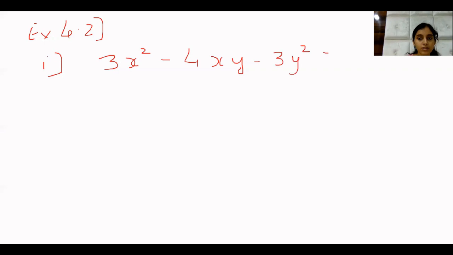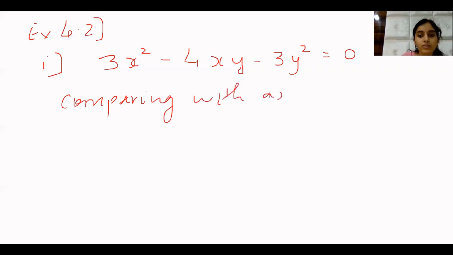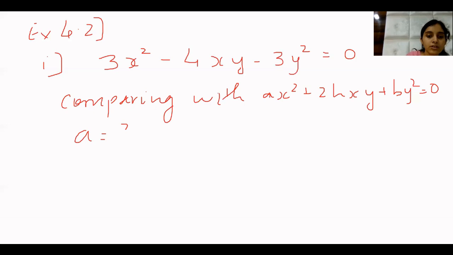Let us first write the comparison values, comparing with ax square plus 2hxy plus by square equal to 0. So a is equal to 3, 2h is equal to minus 4, and b is equal to minus 3.